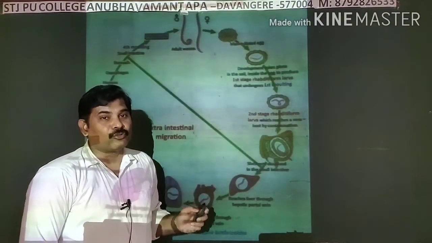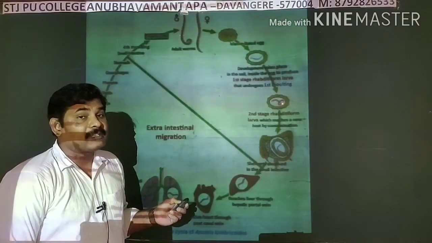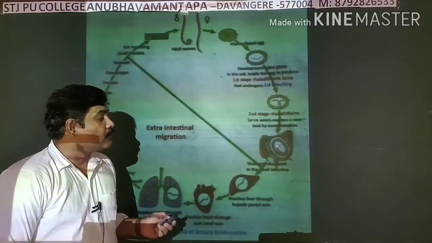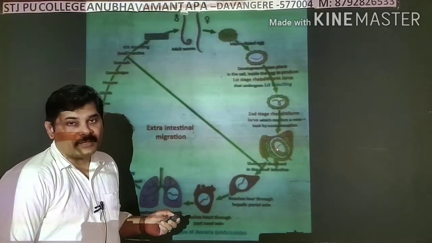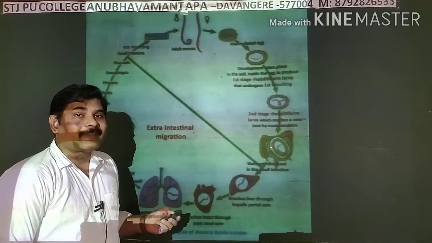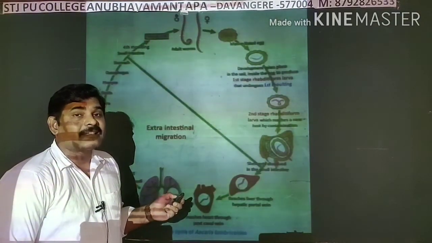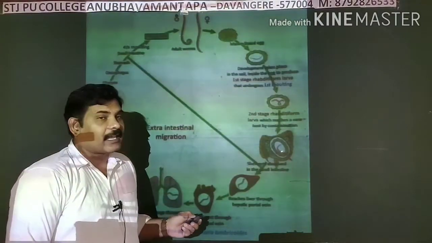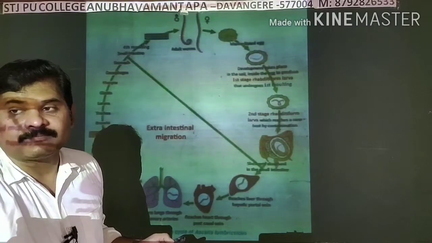When that food is consumed, the second stage rhabditiform larva, which is the infective stage, is released into your stomach, and that finally reaches your small intestine. Within the small intestine, by the action of various digestive enzymes, the external shell is dissolved, and the second stage rhabditiform larva is released into your small intestine.